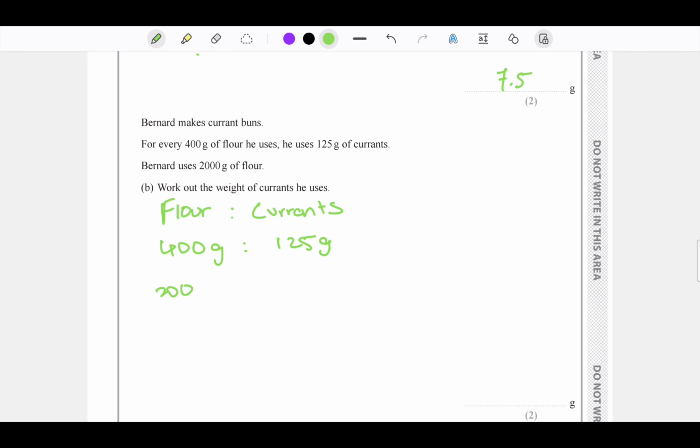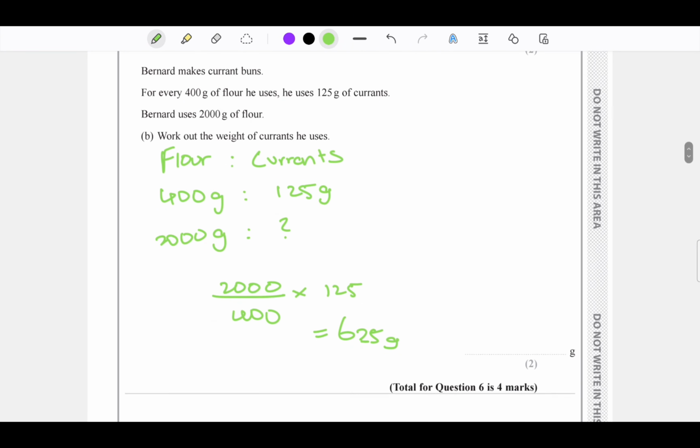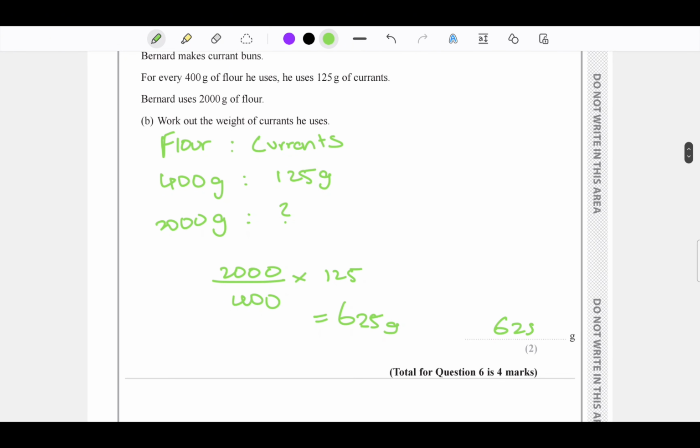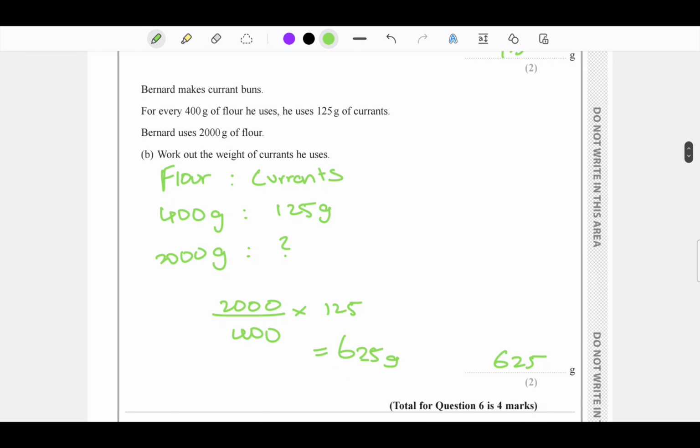Therefore for 2000 grams of flour, how much currants is he going to use? 2000 divided by 400 multiplied by 125 is 625 grams. So Bernard would be using 625 grams of currants to make his 2000 gram flour bun. So that is the end of question 6.